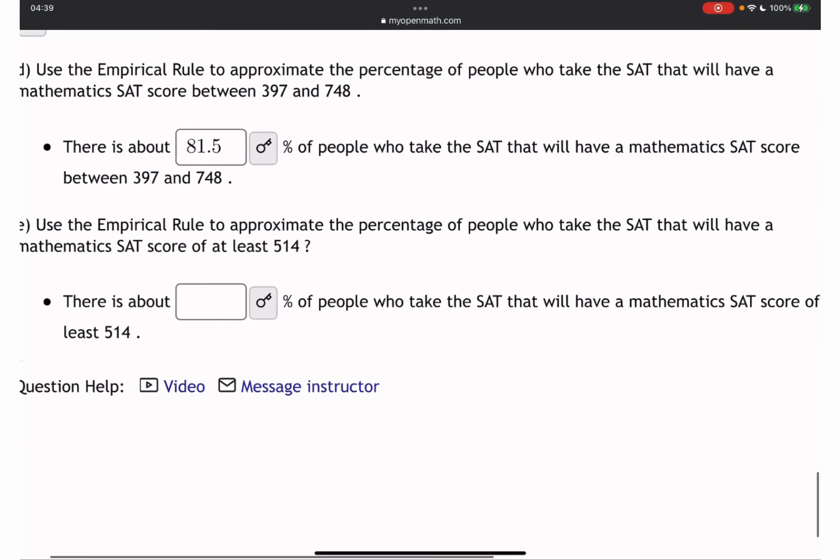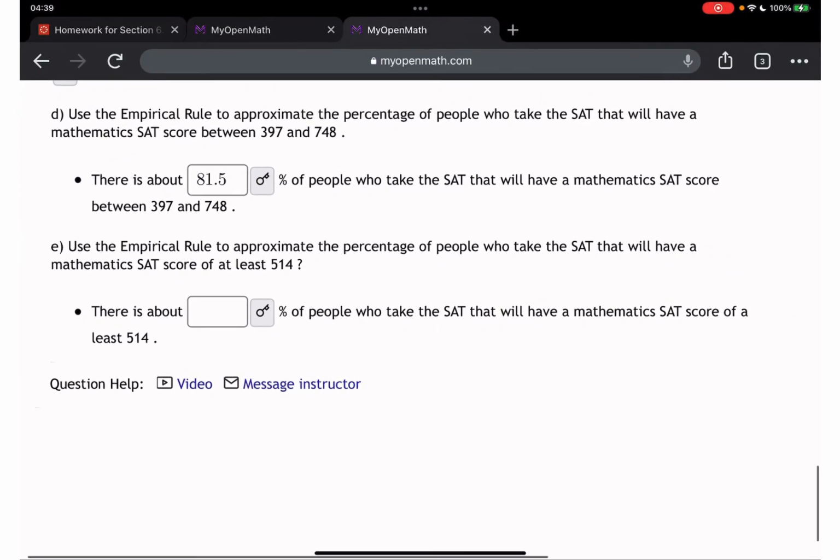will have an SAT score at least 514. At least 514. So where do we have 514? That's the average. From the average all the way to the 100%, it's going to be 50%.